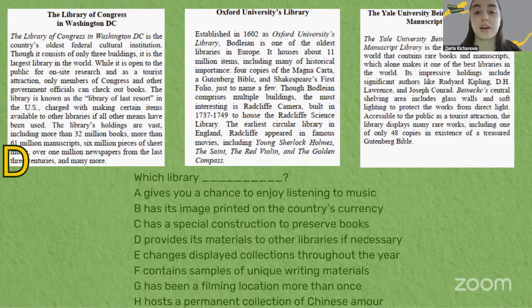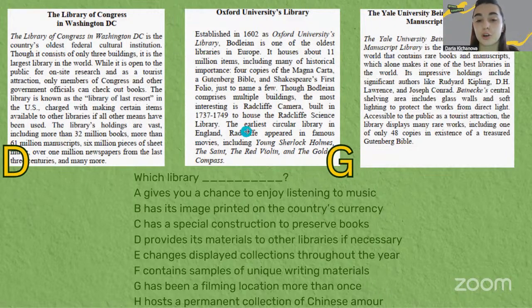What do we have here? Okay, the answer is, I can see F. Okay, the answer was G. And let's check this text.